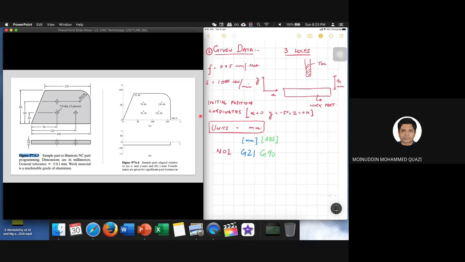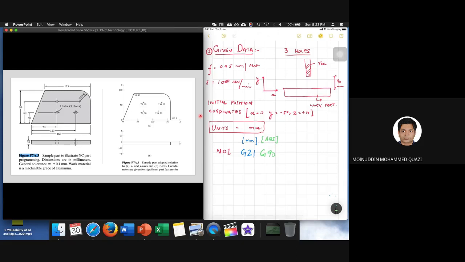Now I have told the machine that I will give you the order in millimeter. I have told the machine you need to listen to me based on the absolute coordinate system. Now I want the tool to move near to the workpiece, but not touch it. I want the tool to move to the coordinates which have been defined in the problem.